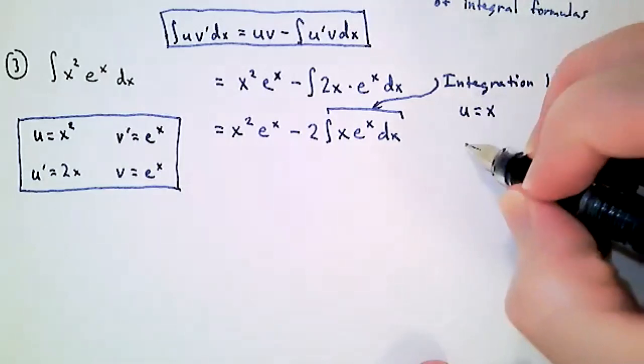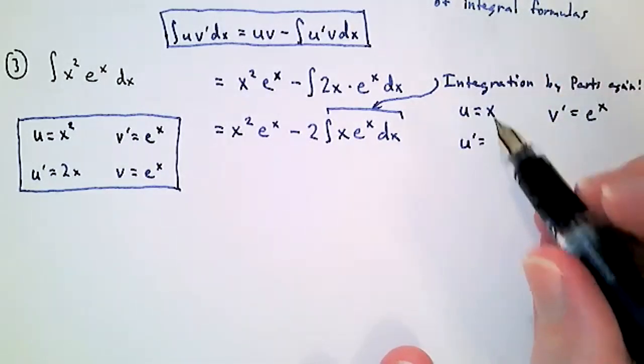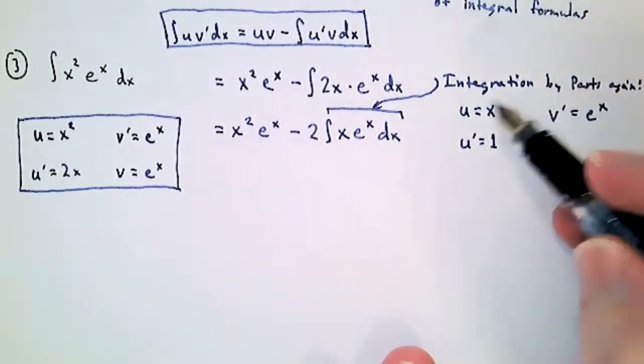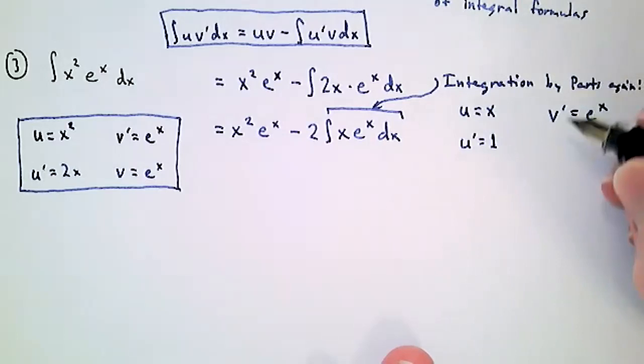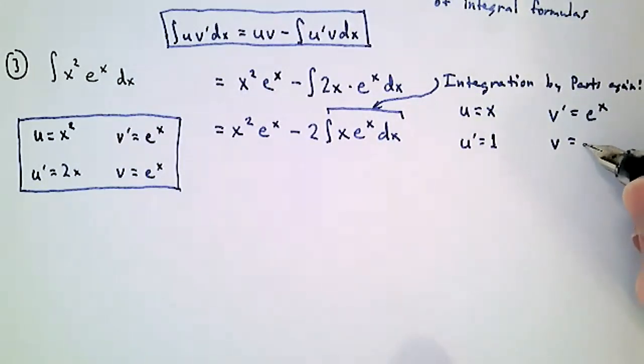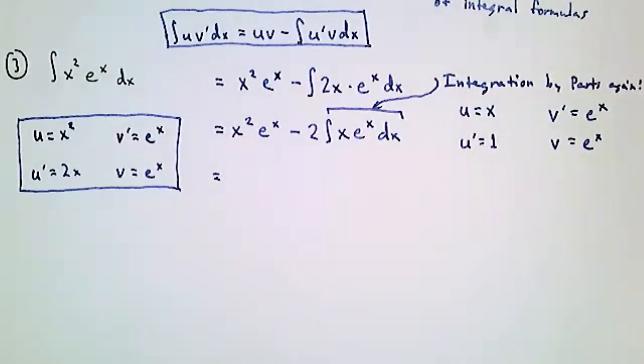And this idea is reinforced because when you take the derivative of x, you get 1, which is much simpler than what we started with. And then v itself is the same as before. Since v prime is e to the x, v is e to the x.